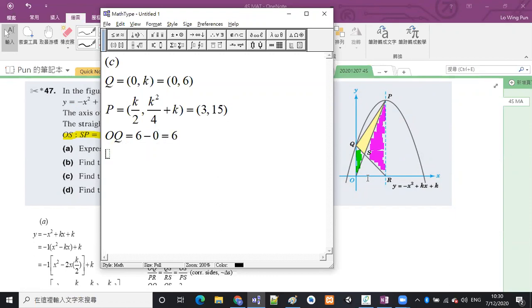And then the height will be the x coordinate of P. Okay, so I just write down the height of triangle OPQ is equal to the x coordinate of P. So that is equal to 3. Okay, so the area of triangle OPQ is equal to 1/2 times base times height. So that should be equal to 9.